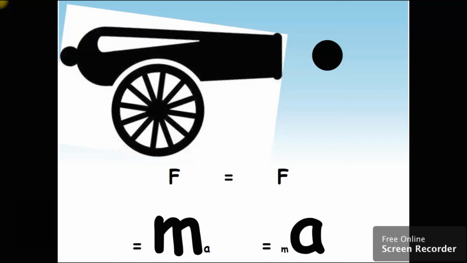Once again, why does the cannon move back just a few inches and the cannonball goes flying out at hundreds of meters per second? Because the cannon has a huge mass. There are a couple tons at least. The mass of the cannonball is small. Even the biggest cannon, the mass of the cannonball is just maybe a dozen pounds, maybe 2 dozen in the biggest ever.